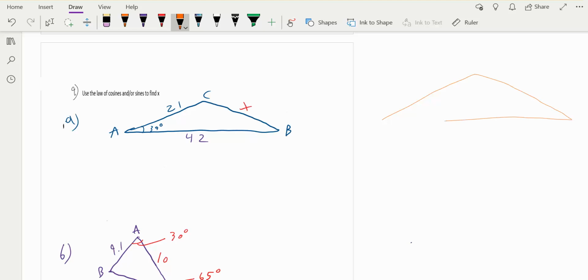Okay, so this is 39 degrees. So we know that angle A equals 39 degrees. We have no idea what side A is. We know that C is 42.